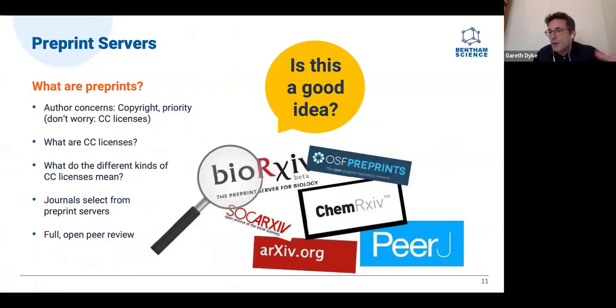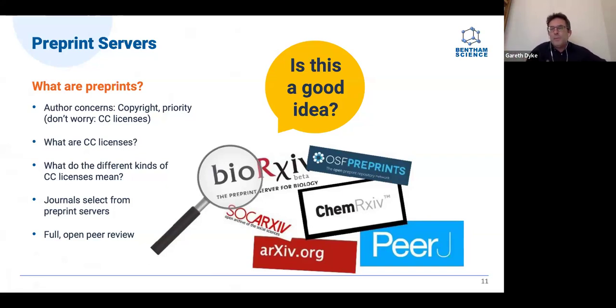There are many different kinds of Creative Commons licenses, but journals come into preprint platforms. They select content that they would think would be suitable for publication in their journals, and often you can get comments on your work from the community, from the research community in your field. So it speeds up publication.